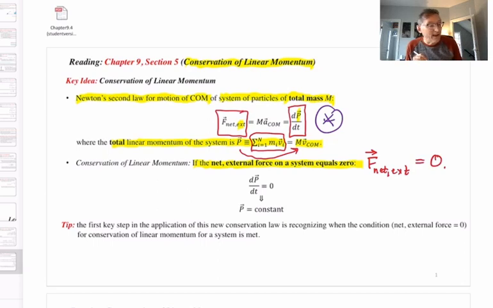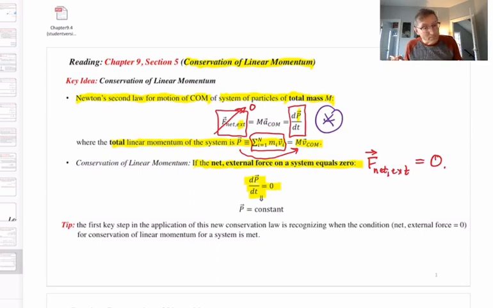Yes, 0 can be a vector. Then what happens? Go back to equation star. Put a 0 in where the F net external is. What do you conclude from equation star if F net external equals 0? Well, then equation star requires that dP dt must equal 0.